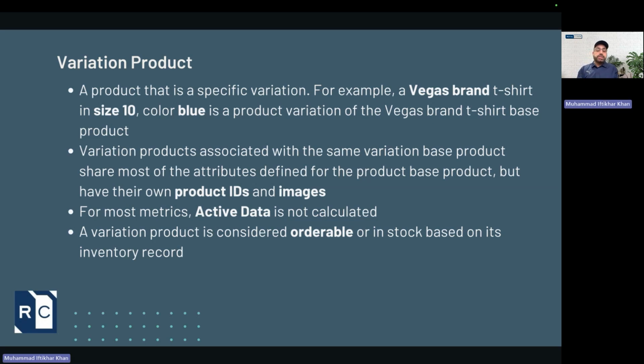A variation product is considered orderable or in stock based on its inventory record. So if you have defined the inventory based on the variations, not the base level, that variation will be considered orderable if it is in stock at the inventory record.